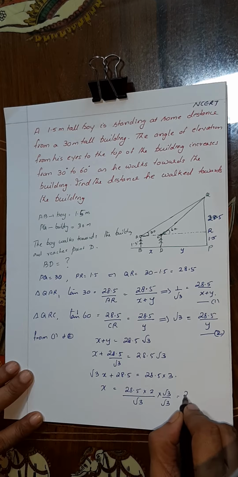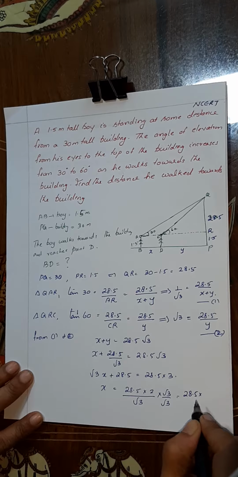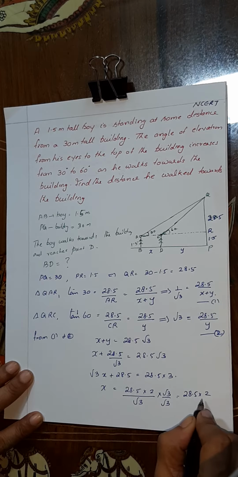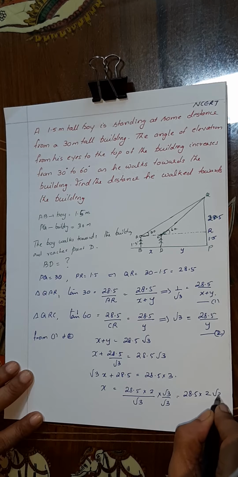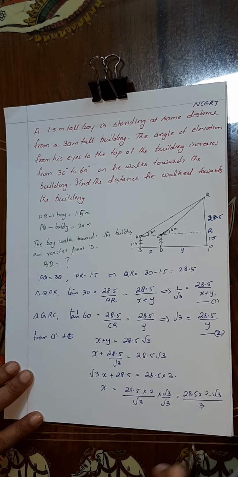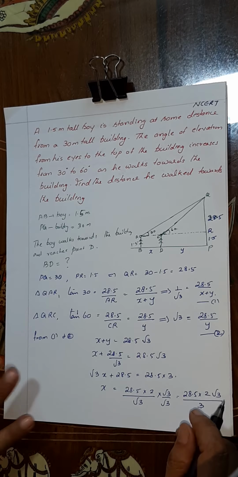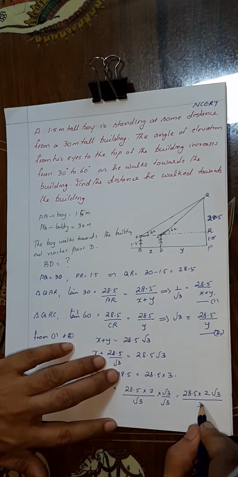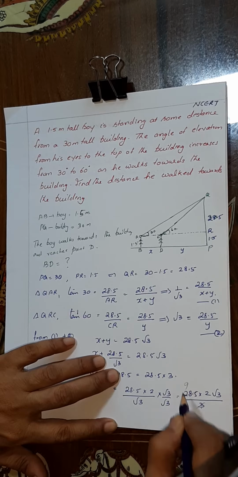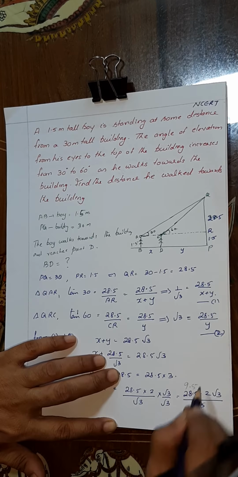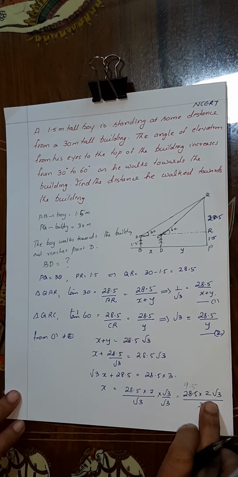So 28.5 into 2 root 3 by 3. Now this will get cancelled. 9.5.